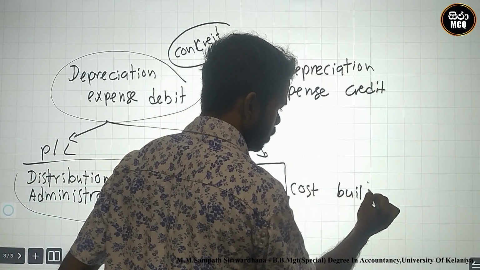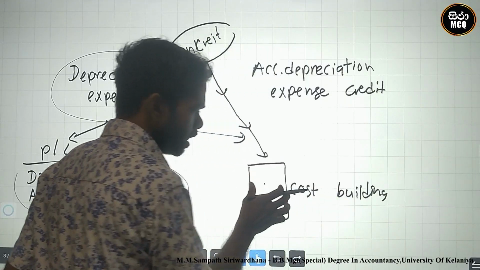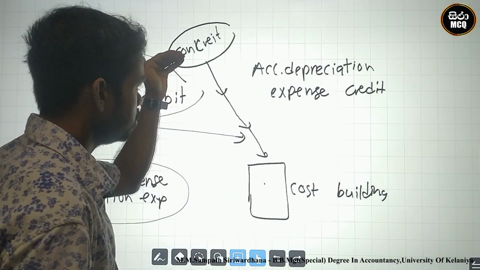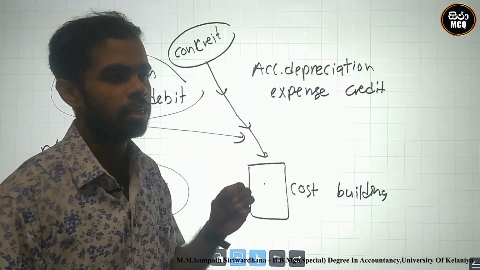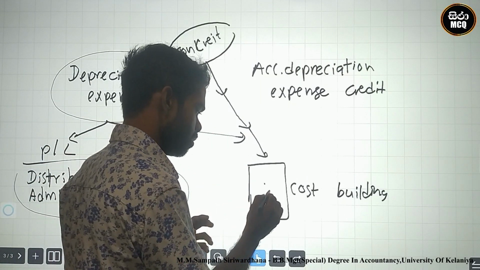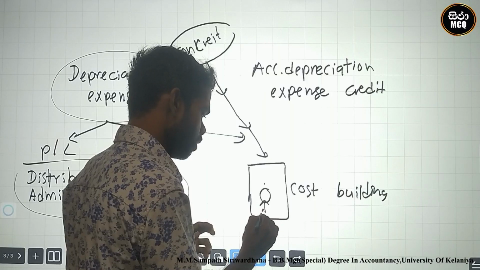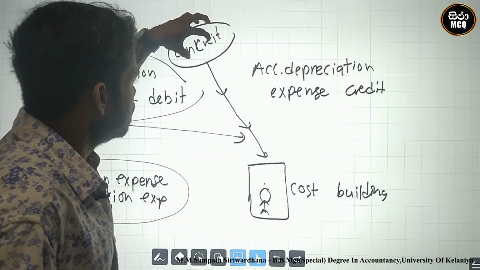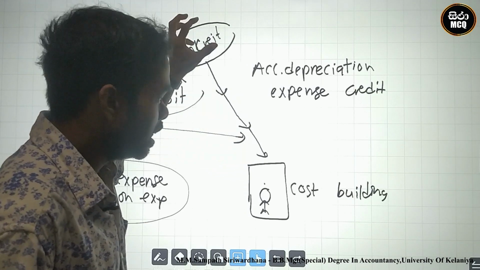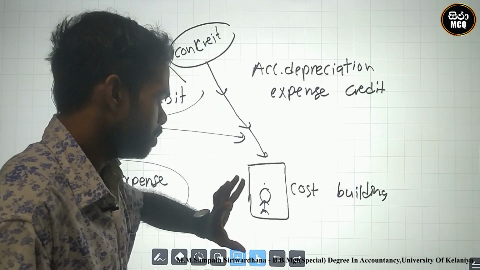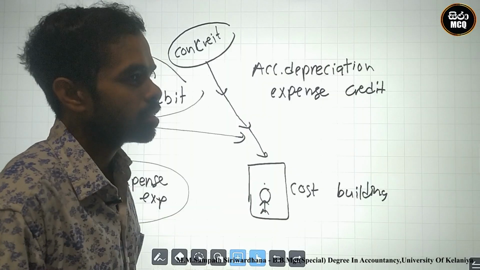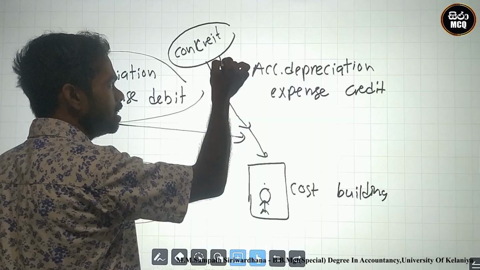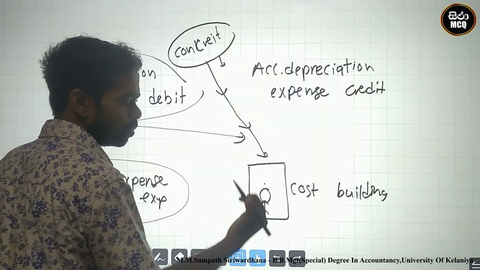Why? To generate this new building, the concrete machine is depreciated. You can think of it like this: your father creates you for the purpose of some workings. At that point, the father is depreciated to generate you.